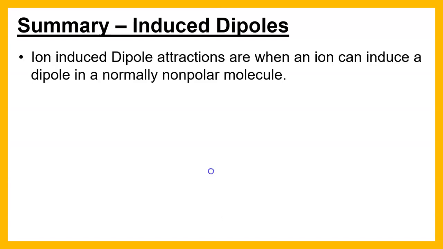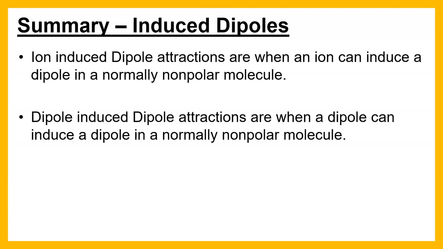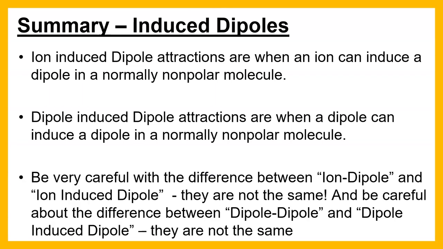Induced dipoles: you could have an ion that induces a dipole, or you could have a dipole that induces a dipole. Be very careful with these new ones. The phrasing of these names sounds so similar, but they're not. Ion-dipole, ion-induced dipole, totally different. Dipole-dipole, dipole-induced dipole, totally different. Be careful with those.